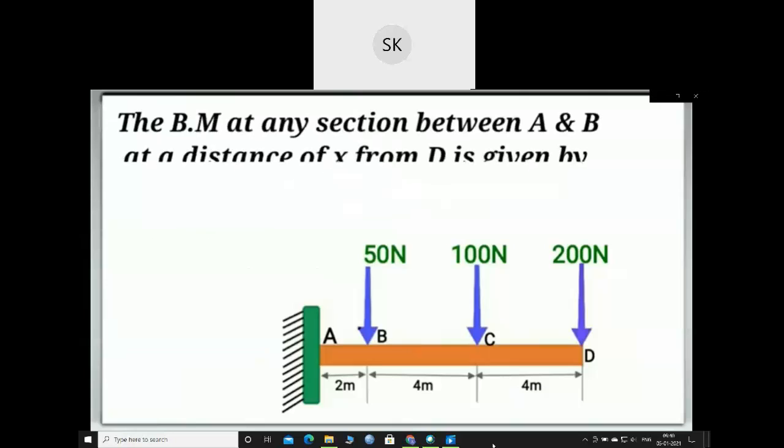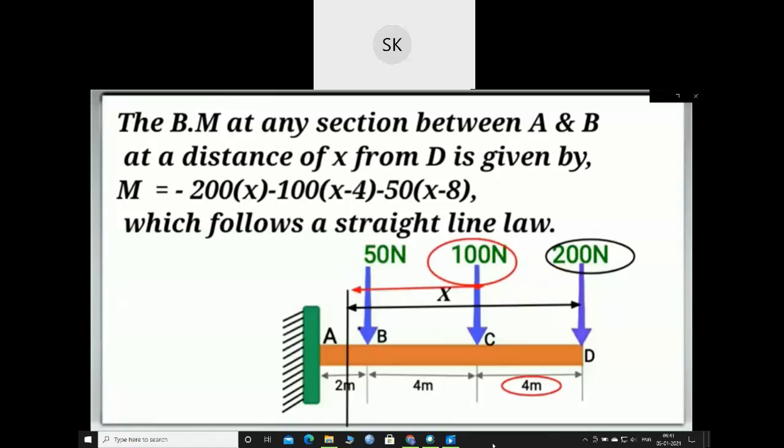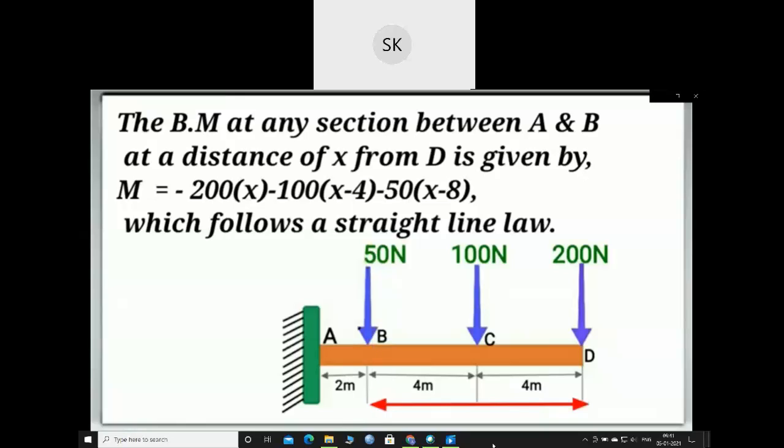The bending moment at any section between A and B at a distance x from endpoint D is given by Mx equal to minus 200 into x minus 100 into (x minus 4) minus 50 into (x minus 8). Hence it follows a straight line law, which clearly indicates that the bending moment diagram between A and B will be a straight line.